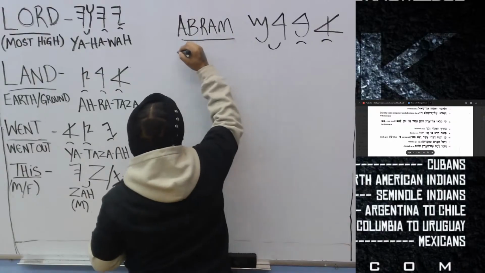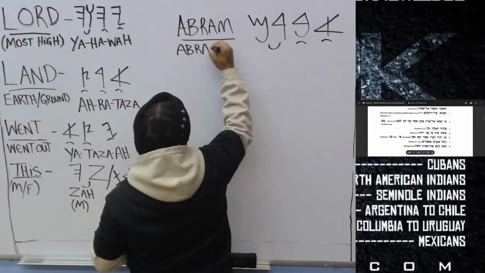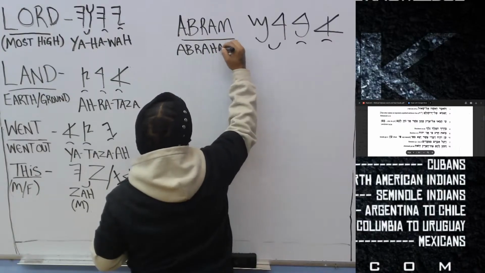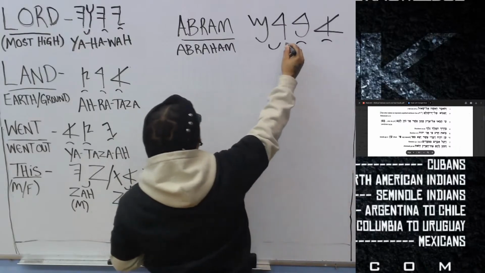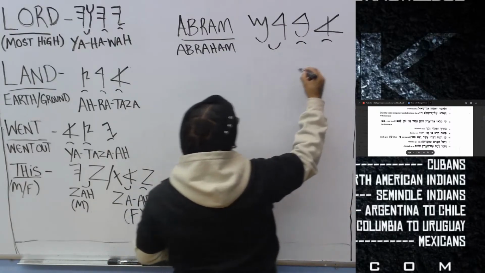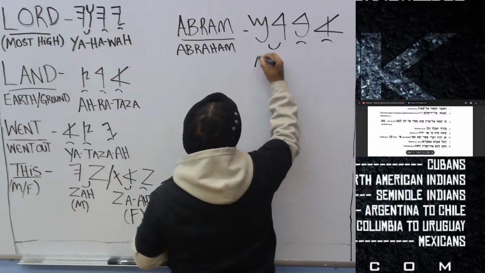Abram was later on changed to Abraham. So instead of Abram, it was later changed to Abraham.